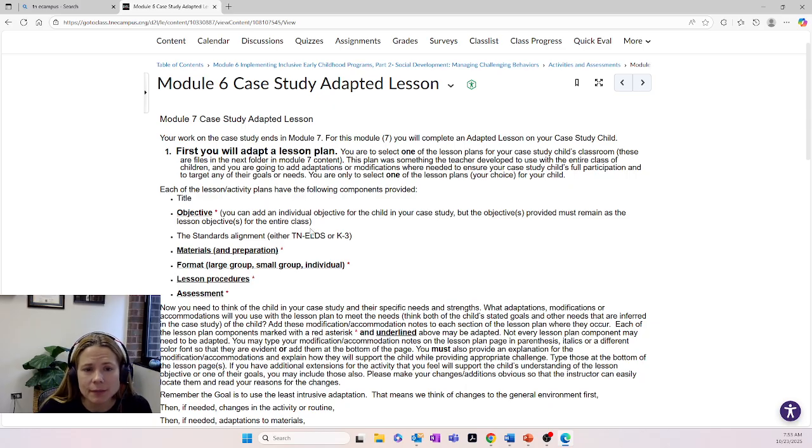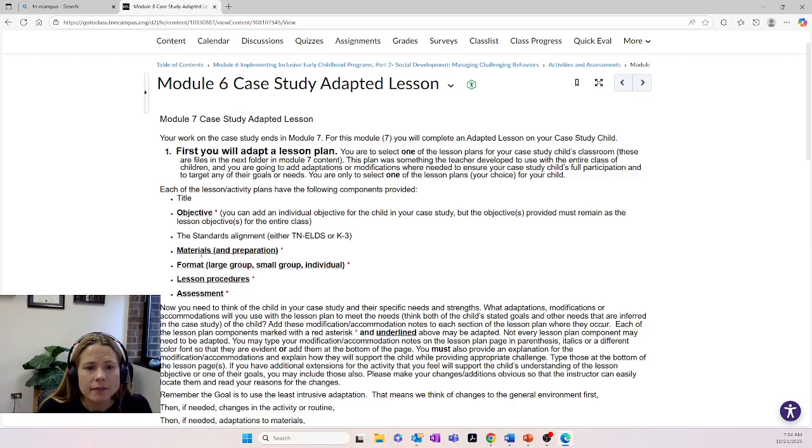So you could add something, but you can't change the objective, okay? And remember, you have to really look at the lesson plan to see what you think you could add to it. The standard cannot be changed. It's either going to be a Tennessee standard or an ELDS, or a K3 standard.